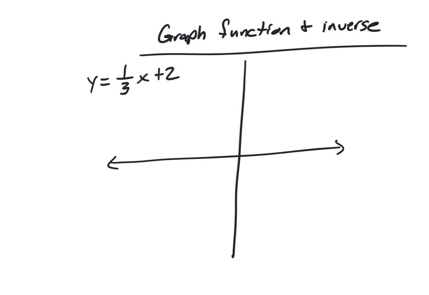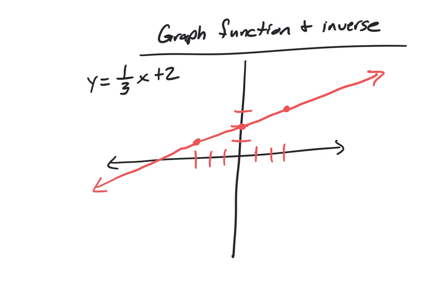We just say, I'm going to go up 2, make a point, and then I'm going to go up 1 over 3. I could also go down 1 and left 3, and it's going to continue just like that. And that would be my line. Once again, that would be something you could put into your calculator really quickly to graph it if you wanted to, but we've talked about a lot of different ways to graph the slope-intercept form.